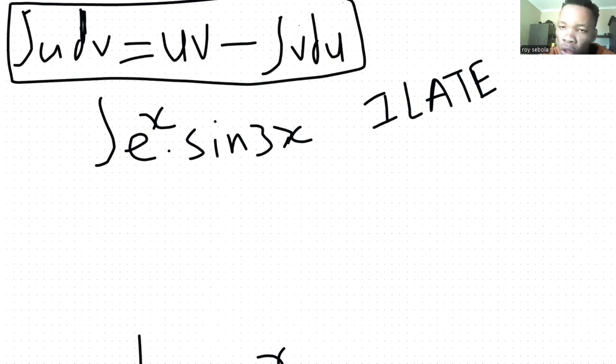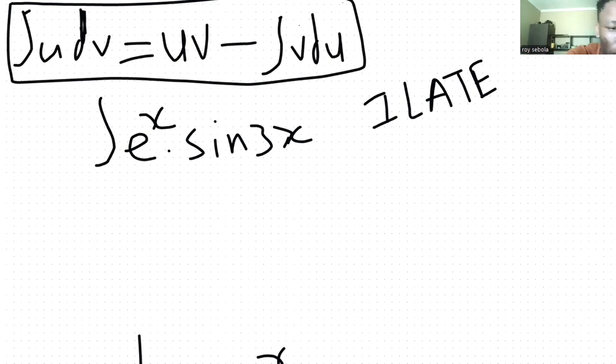You choose them according to this ILATE method. If T comes before E, your u is going to be trigonometry. In this case, we are given exponential and trig functions, so our u is trigonometry, since trigonometry comes before the exponential in the ILATE method.